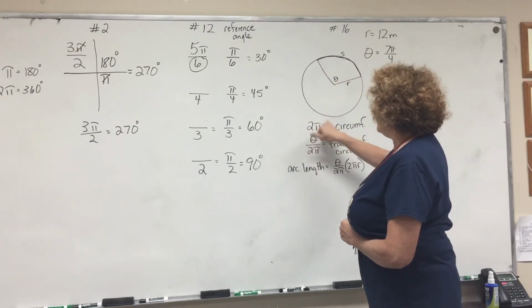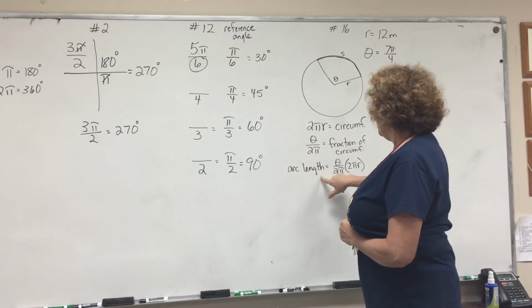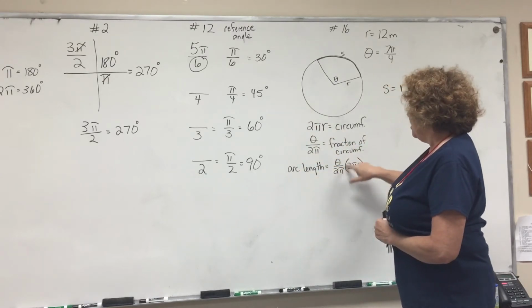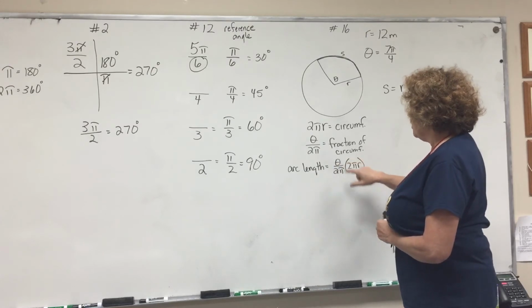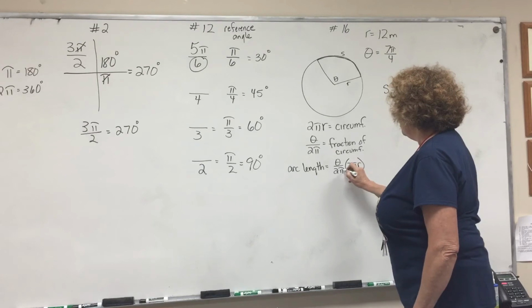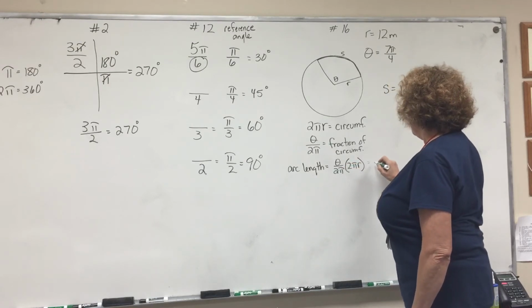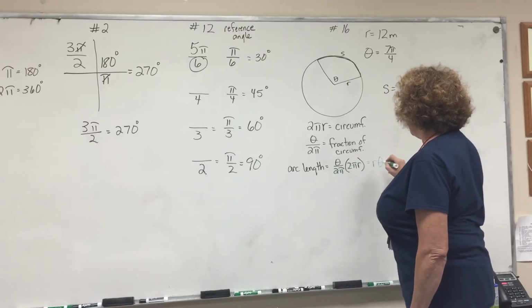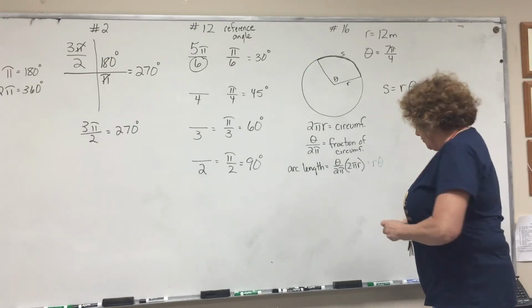So when we put this together, the arc length is the fraction of the circumference times the circumference. And if you look at this, you can cancel 2 pi, and you end up with just the radius times theta, which is the equation they give you in your book.